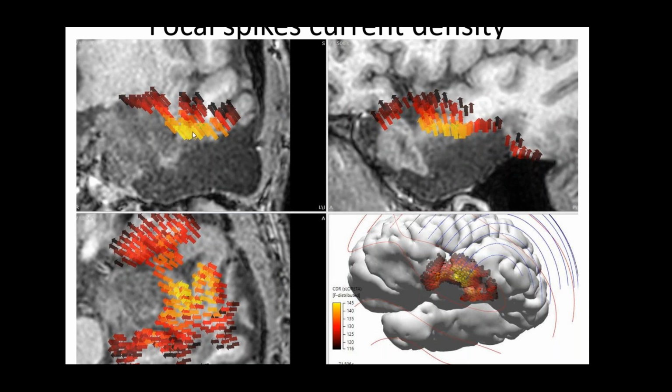You see a spike, and you see what area of the cortex is firing. All right. So with the scalp EEG source, you could depict where these dipoles are concentrated.